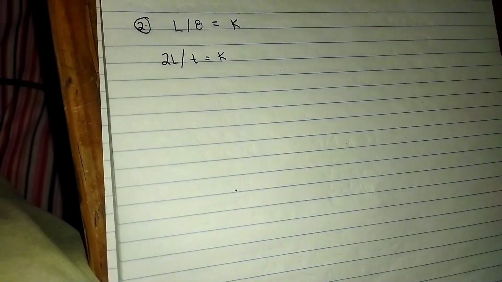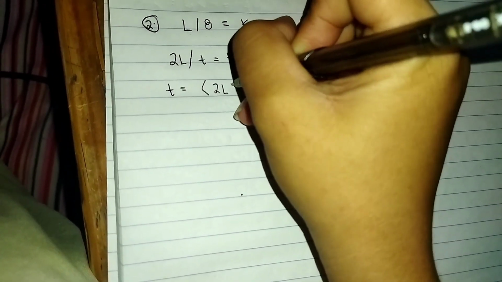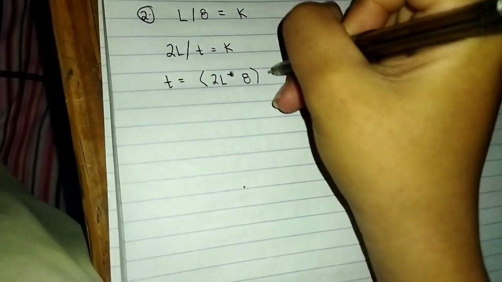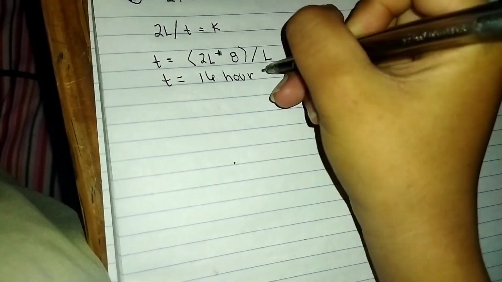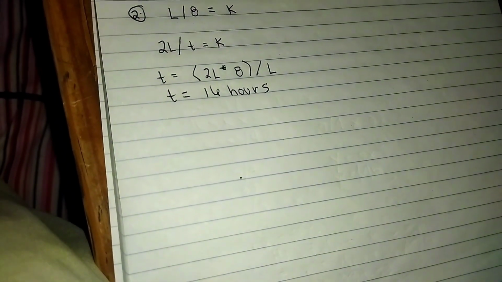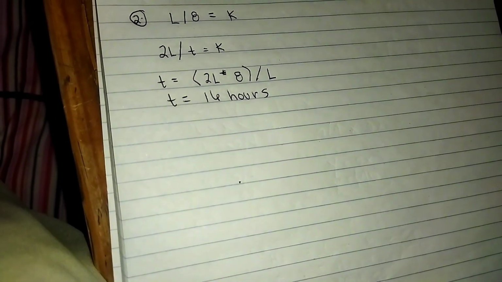So 2L divided by T is equal to k, where T is the time it takes to build the longer wall. Solving for T, we get T is equal to 2L times 8 divided by L. So our T is going to be 16 hours. Therefore, it will take the crew 16 hours to build the wall that is twice as long using the same construction method.